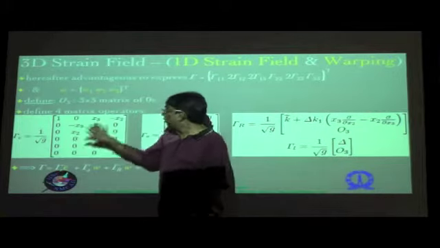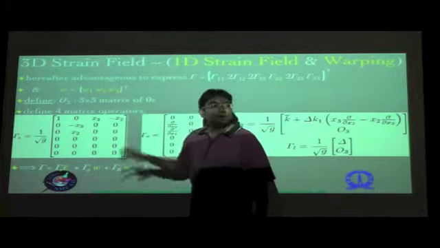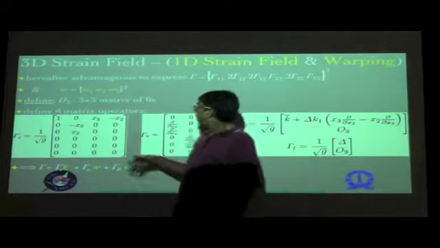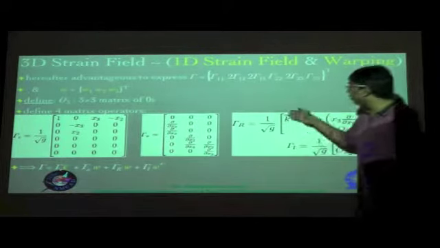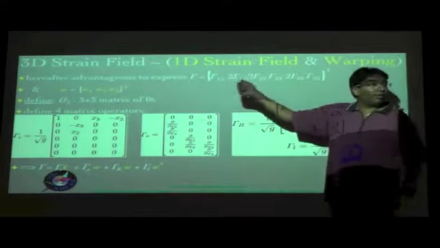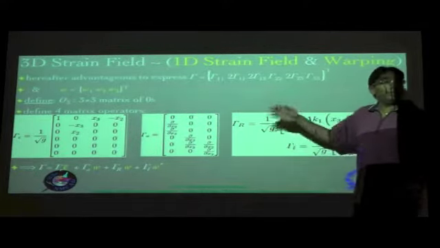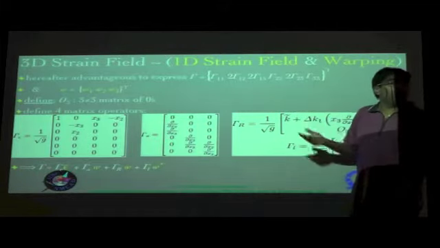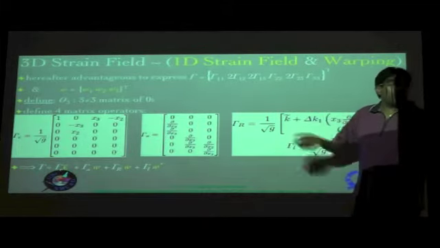So all these three terms involve that. Of course, you can still separate them out by just looking at the first column of each one of these. The first column would give the contribution from the out-of-plane warping, and the second and third columns would give you the contributions from the in-plane warping.